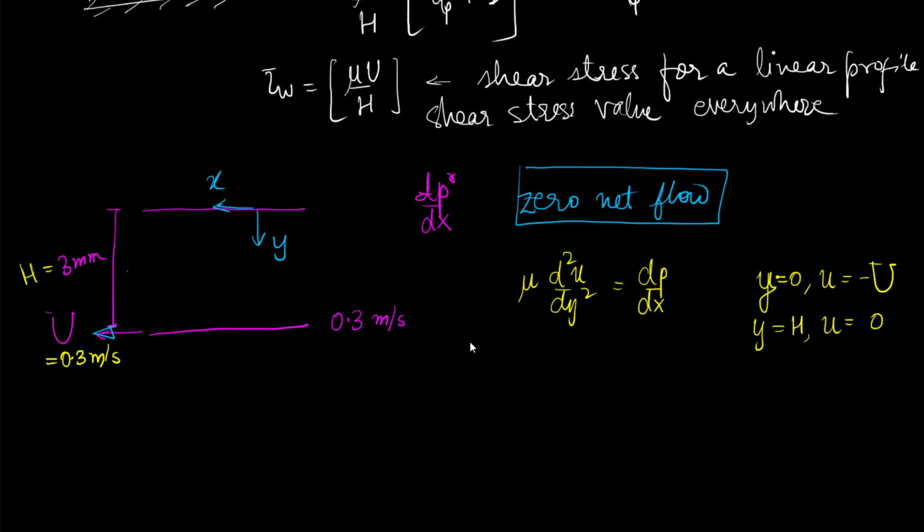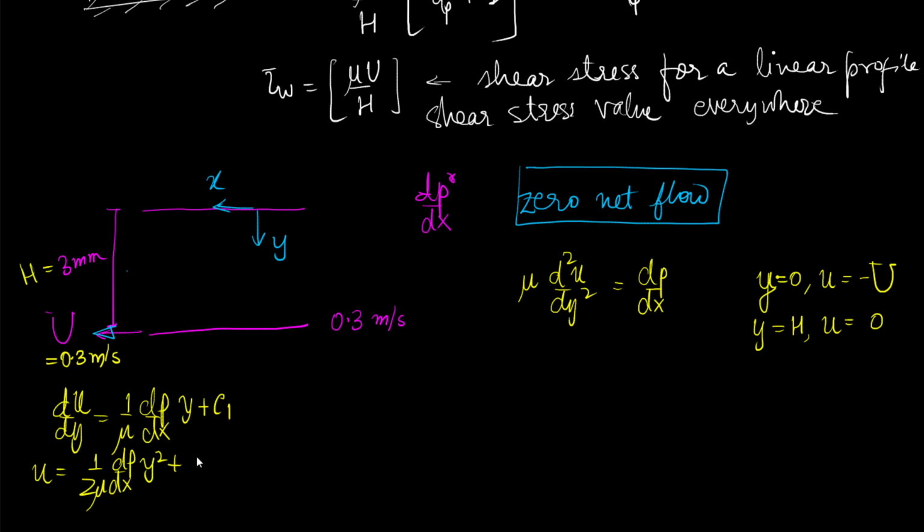So we have du dy is equal to 1 upon mu dp dx times y plus c1, and u equals 1 upon 2 mu dp dx y square plus c1y plus c2.